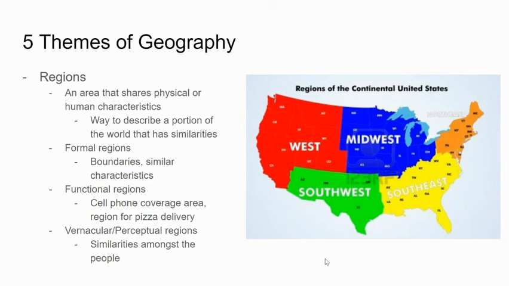It's not for anything other than there's a lot of similarities. So we talk about places like the Middle East to kind of clump a group of people who have similar history, similar religions, similar political systems going on, to kind of talk about a region of the world and how it is similar or different to other regions.